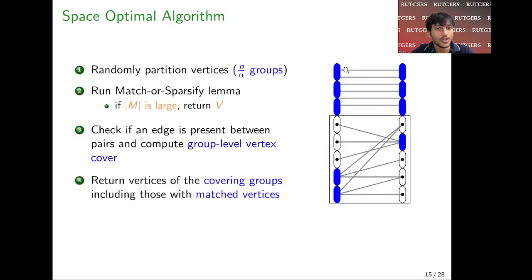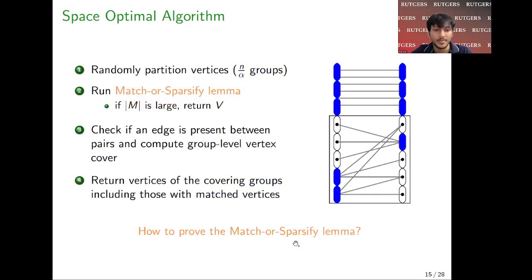So you output all the groups the matching is a part of, right? So if a vertex lies in a group that is part of the matching, then you output that. And this won't destroy our approximation because the matching size is small. So this together gives you an alpha approximation. And so we're done. Now the only thing left to prove is this match or sparsify lemma, right?